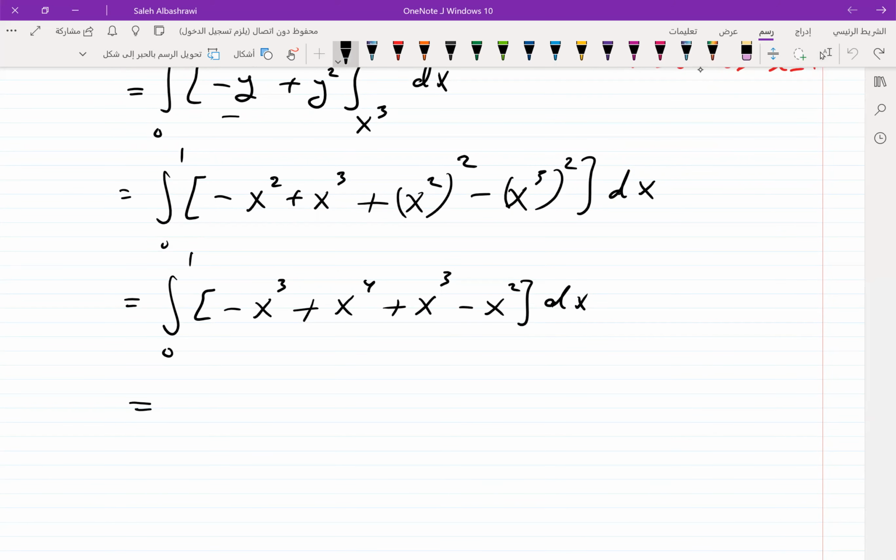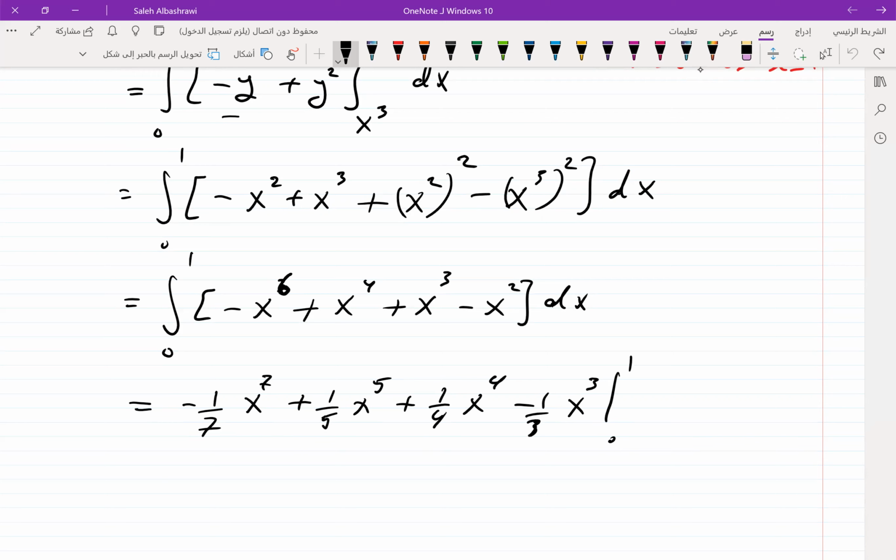So we'll have x to the power 6 minus 1 over 7 x to the power 7 plus 1 over 5 x to the power 5 plus 1 over 4 x to the power 4 minus 1 over 3 x to the power 3, with the limits between 0 and 1. So this will give me minus 1 over 7 plus 1 over 5 plus 1 over 4 minus 1 over 3.